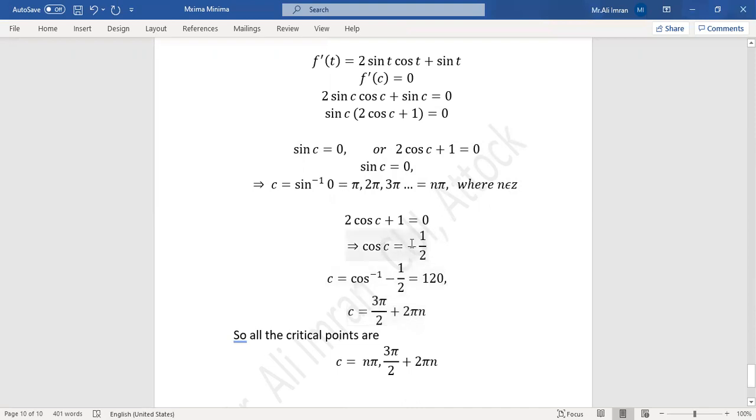So all the critical points are c is equal to n pi and 2 pi by 3 plus 2 pi n, where n belongs to the set of integers.